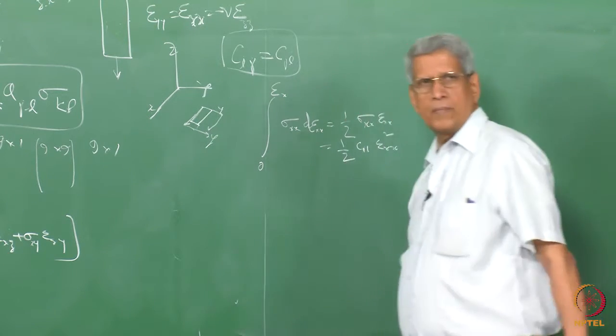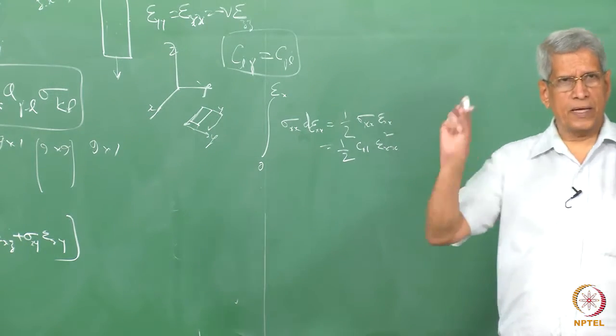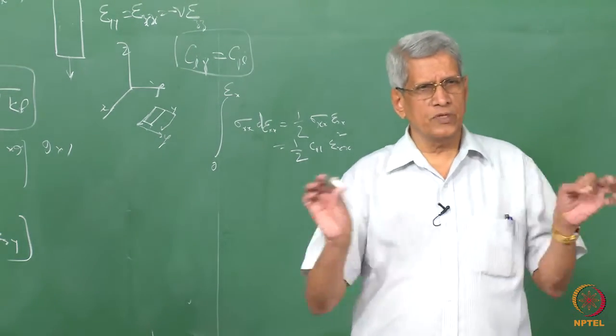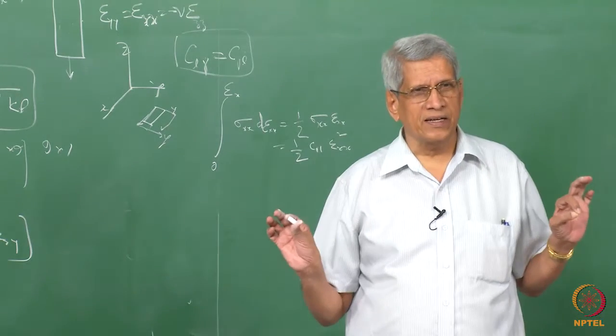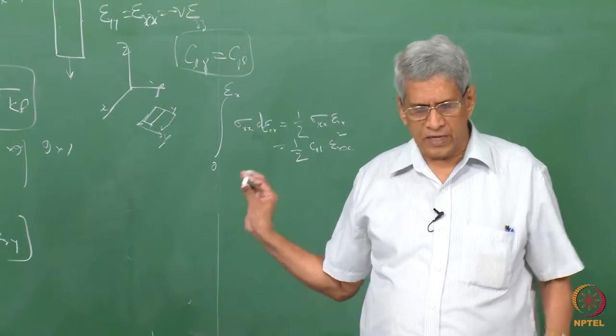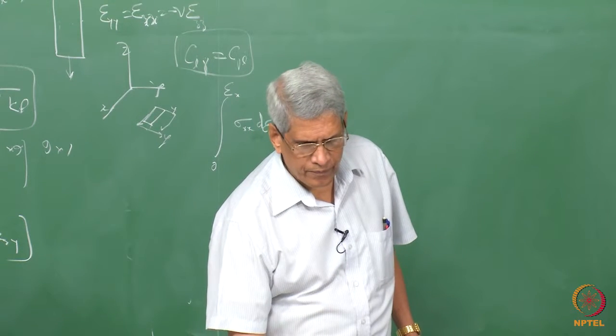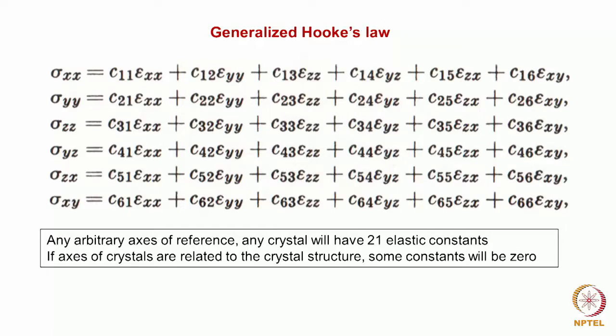Because when we deform in this direction and apply this strain, we make an assumption that no strain is applied in any other direction. That means all other strain terms are 0. So in this expression, only this term is going to be there, all other strain terms are 0. That is why we can substitute this expression.